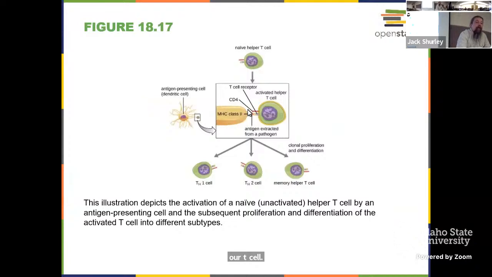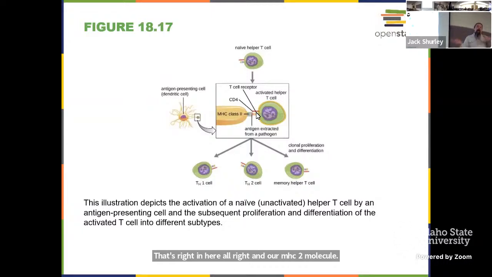And our MHC2 molecule is bringing that epitope. I could flip back a couple of slides to that dendritic cell where that's getting processed and presented. That's happening right here, right? So now we've got our little red fragment from that bacterium. That's the epitope that says this is a bad guy, right?